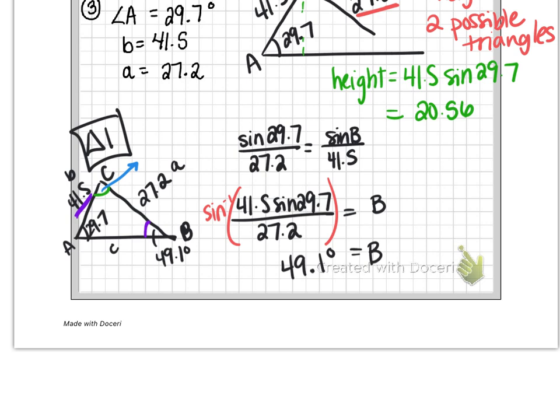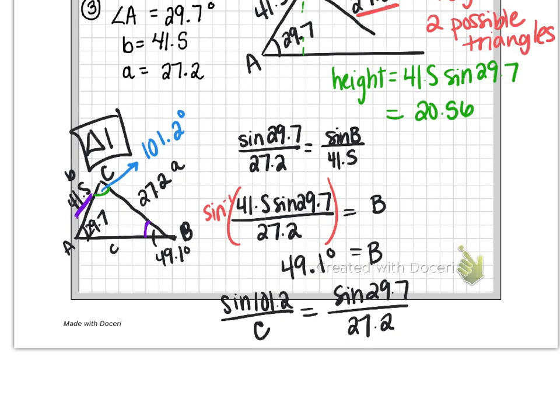Okay, now that I have two angles, I can find angle C by just subtracting 180 minus 29.7 minus 49.1. So this angle C is approximately 101.2 degrees. The last thing to solve for is side C. So I'm going to do sine of angle C over side C equals, I'll go back to A, sine of 29.7 over 27.2.